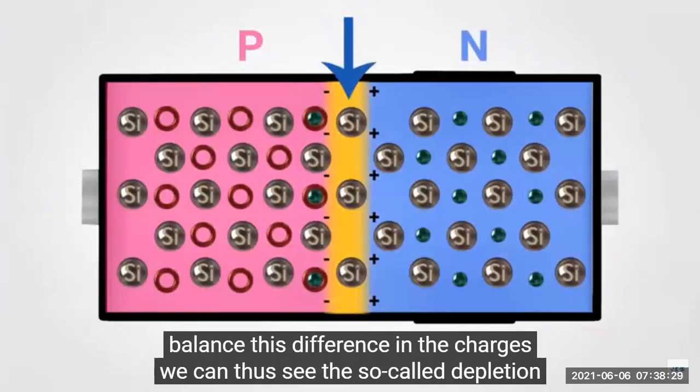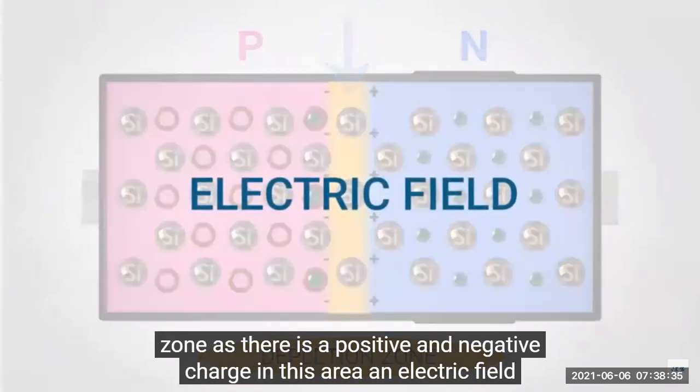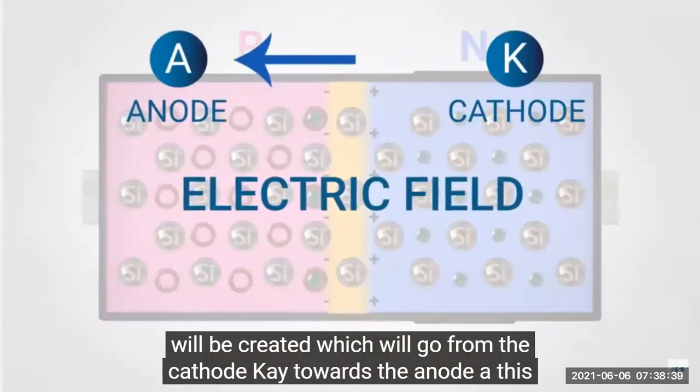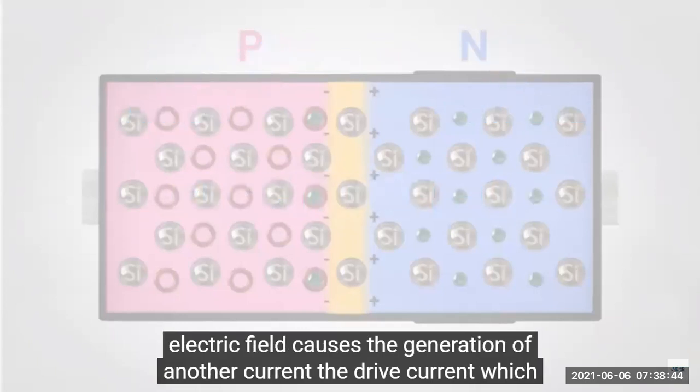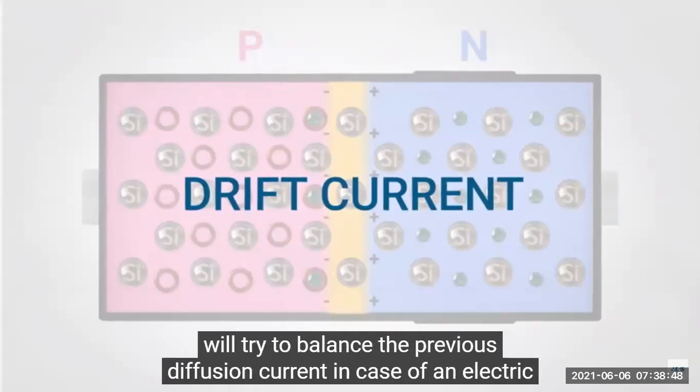We can thus see the so-called depletion zone. As there is a positive and negative charge in this area, an electric field will be created which will go from the cathode, K, towards the anode, A. This electric field causes the generation of another current, the drift current, which will try to balance the previous diffusion current.